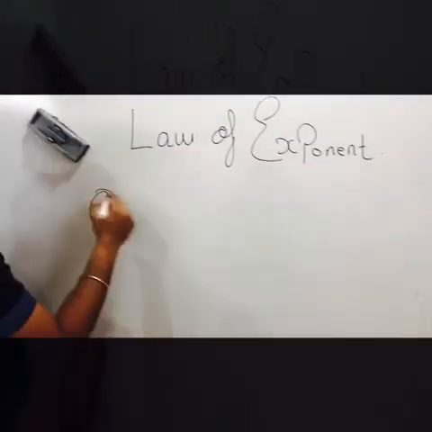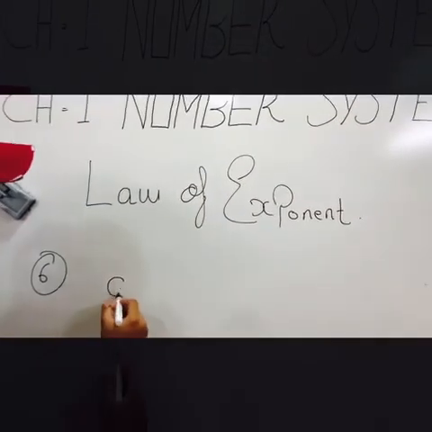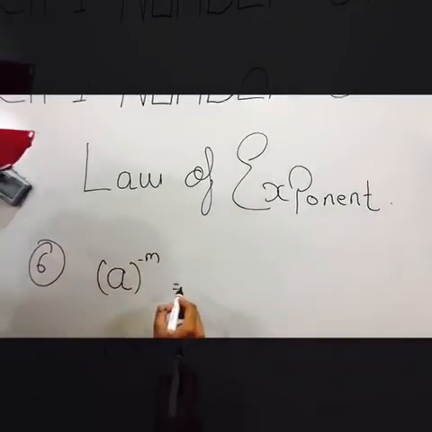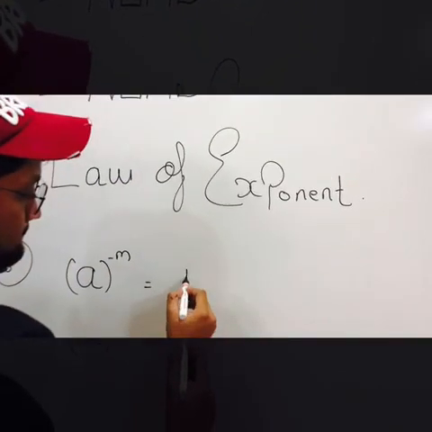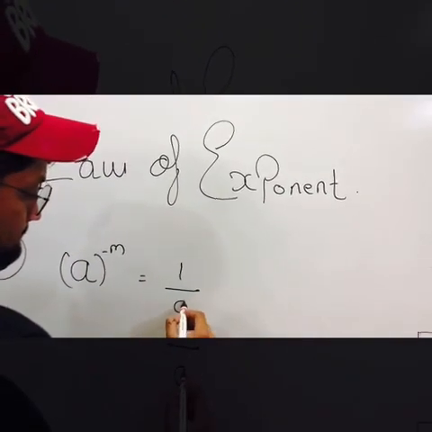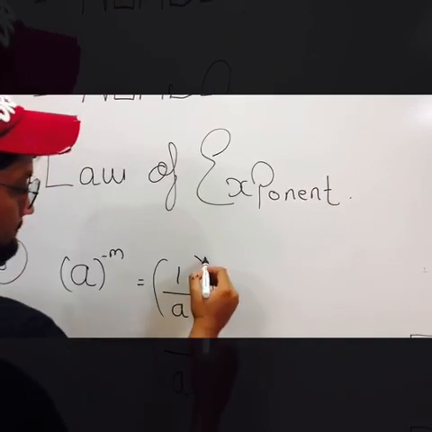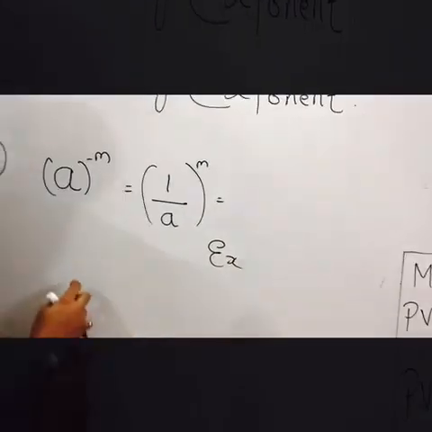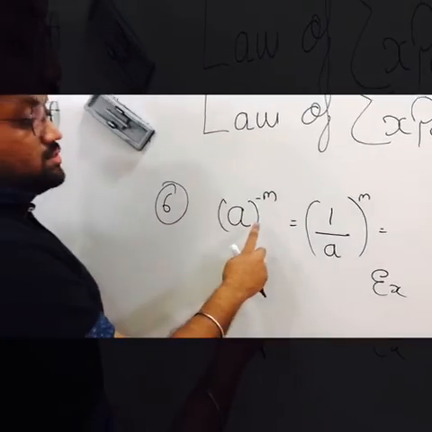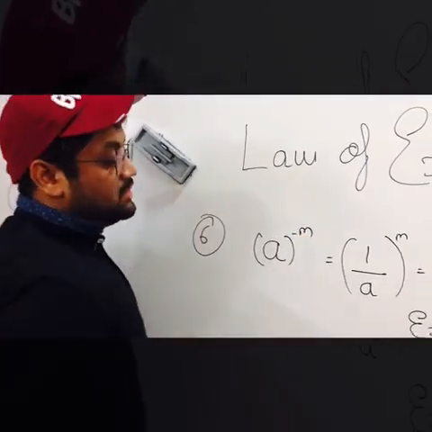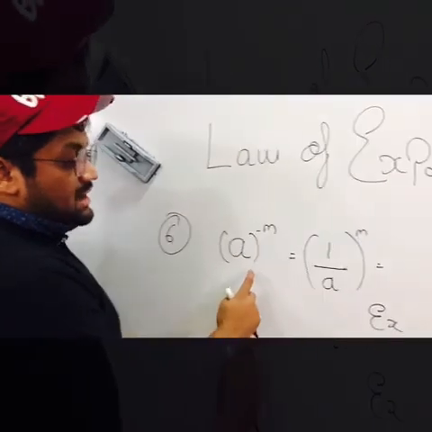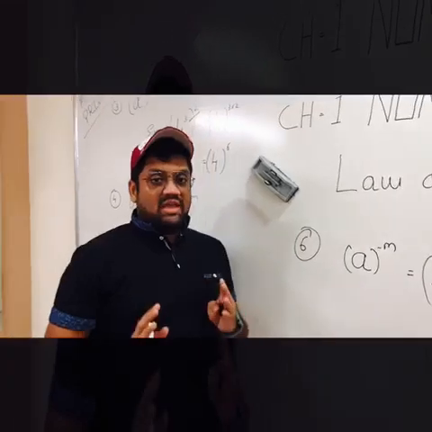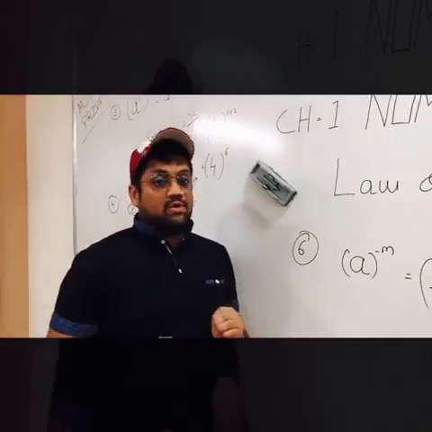Sixth rule for the law of exponents. See here, a raised to power minus m means this time the power is negative. So whenever the power comes in negative, our base becomes reciprocal.